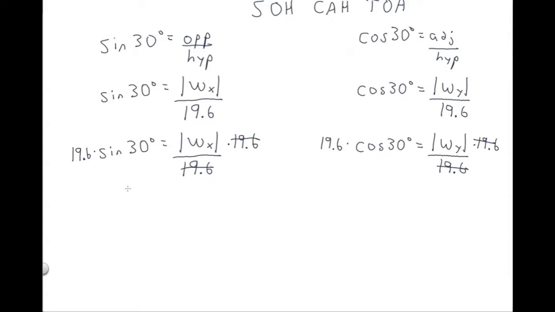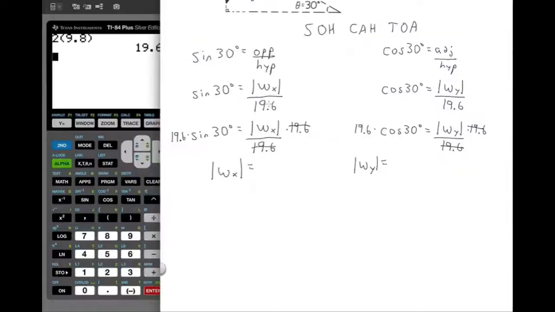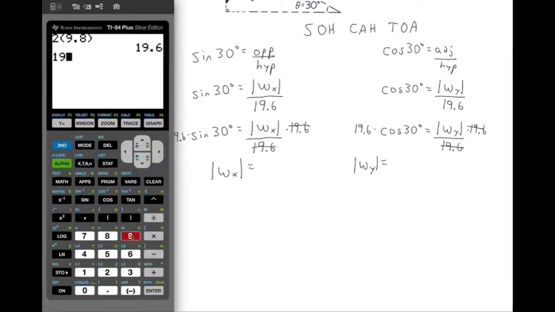And now we're ready to write the magnitude of w sub x and the magnitude of w sub y: 19.6 times sine 30 degrees and 19.6 times cosine 30 degrees.